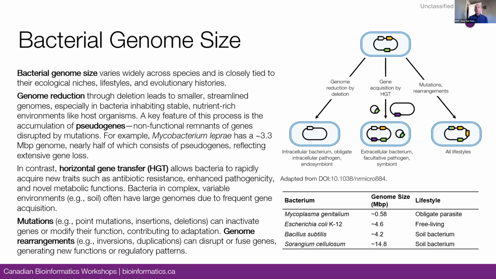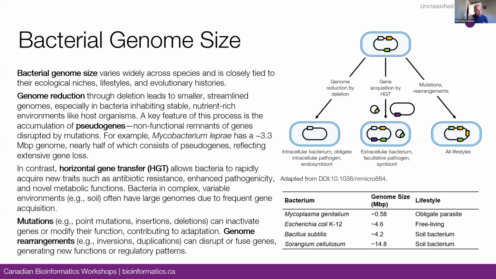Horizontal gene transfer, in contrast, which is acquisition not through vertical transmission but through horizontal transmission, is a method for acquiring large amounts of genomic material very quickly. Organisms that live in free living, complex environments like the soil tend to engage in a lot of horizontal gene transfer.